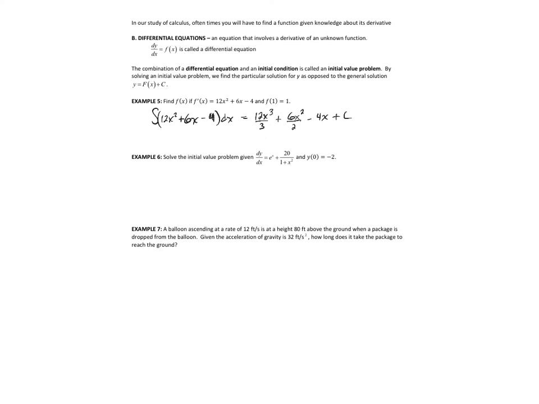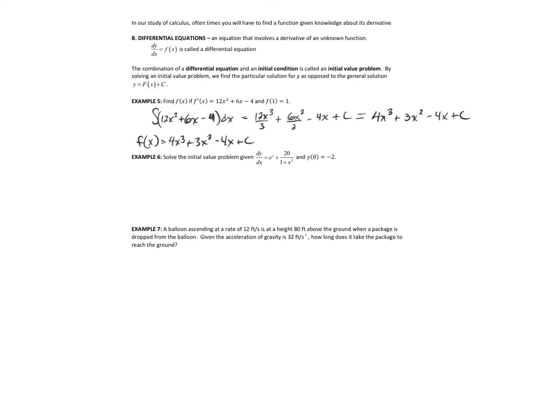And then we're going to simplify this. As you do more and more of these, you'll do the simplification as you move through it. So this is clearly just 4x cubed plus 3x squared minus 4x plus c. And so our function that we're talking about is given by 4x cubed plus 3x squared minus 4x plus c.